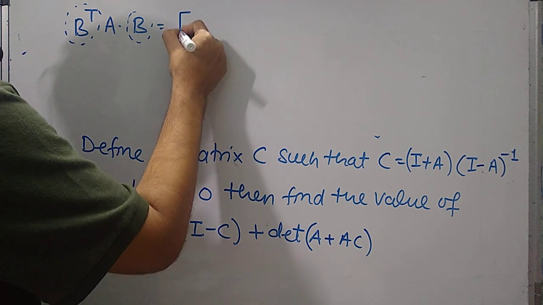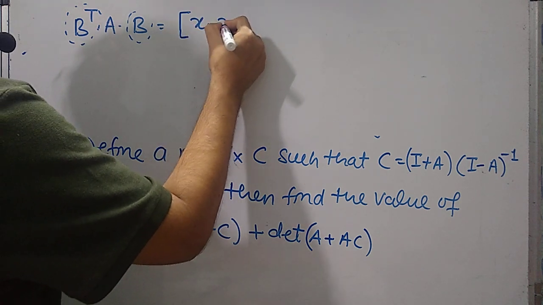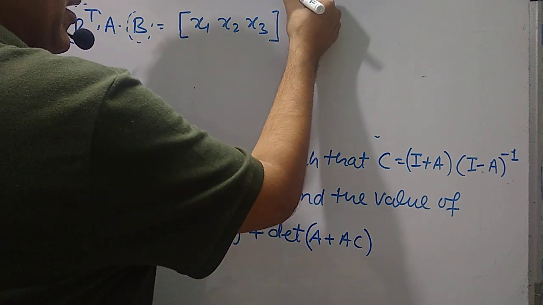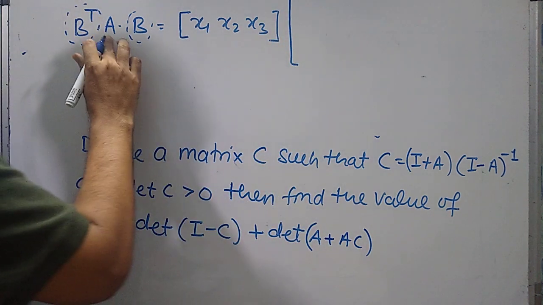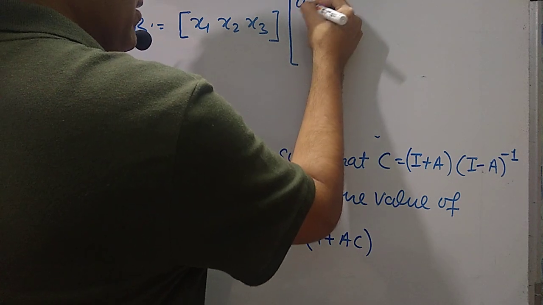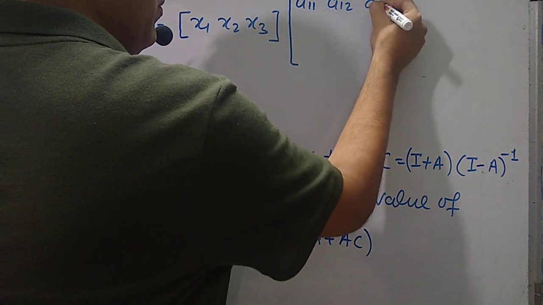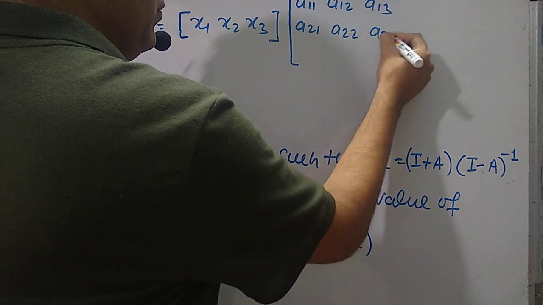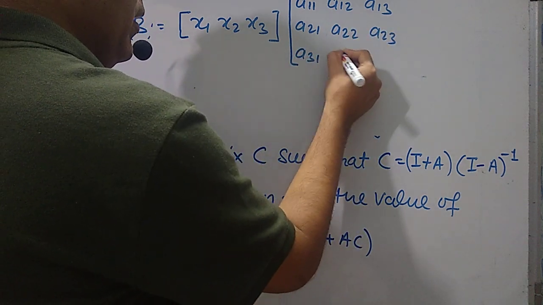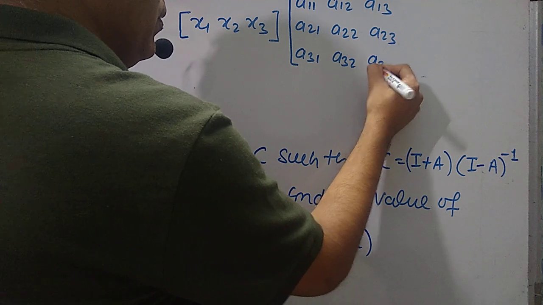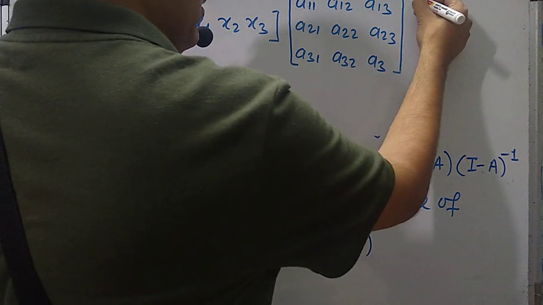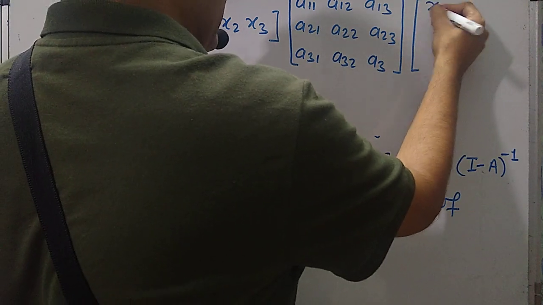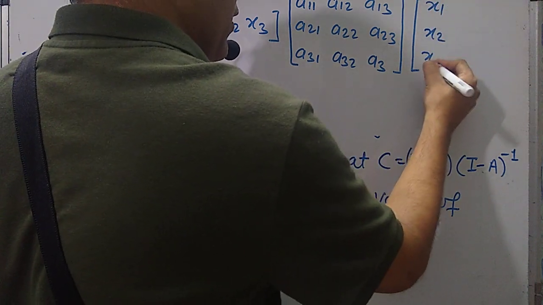So let us consider the row matrix x1, x2, x3 multiplied by matrix A, where A is A11, A12, A13, A21, A22, A23, A31, A32, A33, and then the column matrix x1, x2, x3.